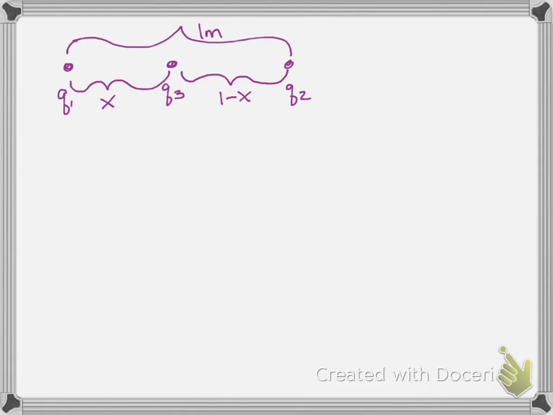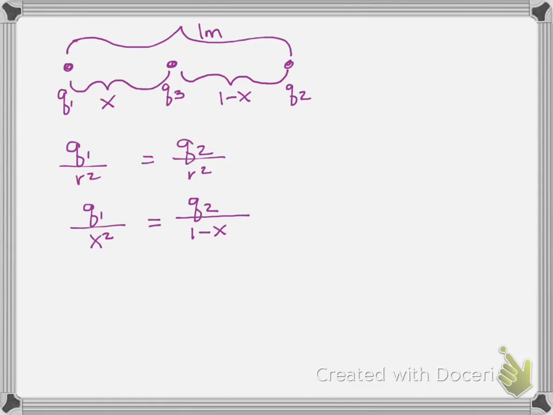Now our equation, Q1 over R squared equals Q2 over R squared, becomes Q1 over x squared equals Q2 over (1 minus x) squared. Now be careful.